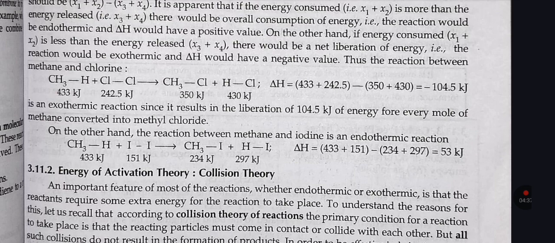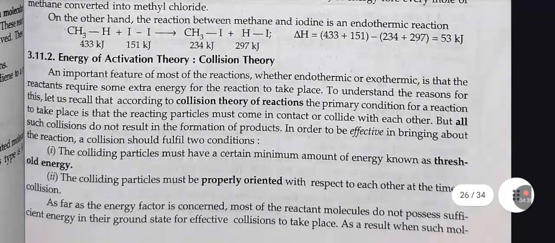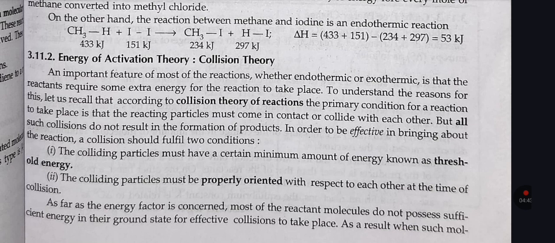Energy of activation and theory. Collision theory. An important feature of most reactions, whether exothermic or endothermic, is that the reaction requires some extra energy for the reaction to take place.